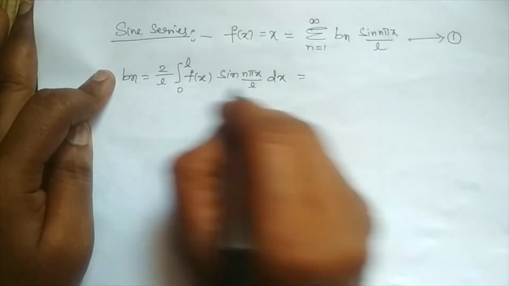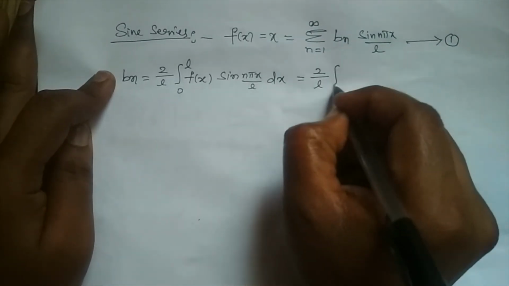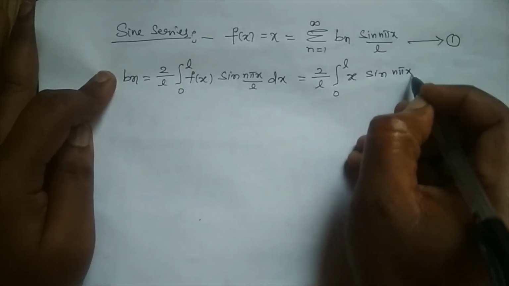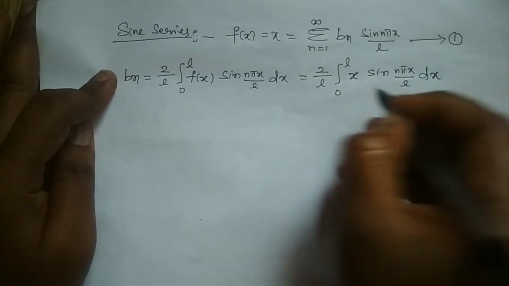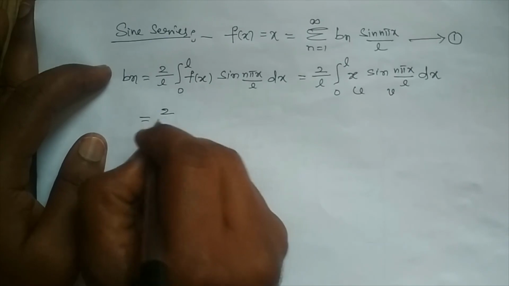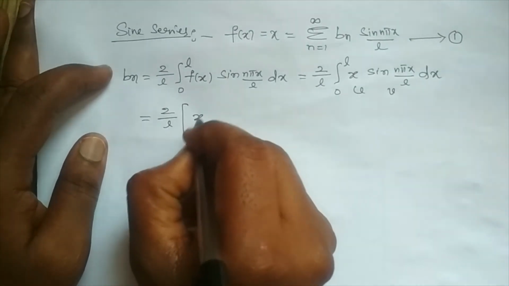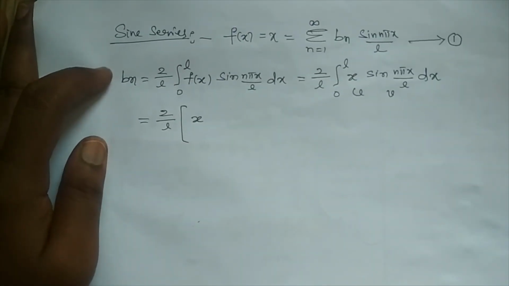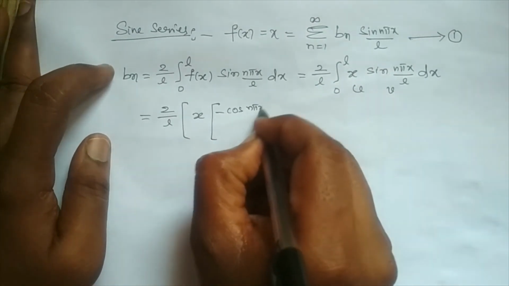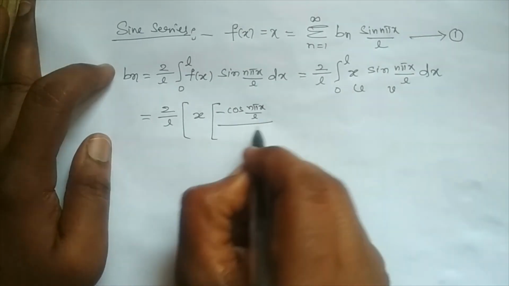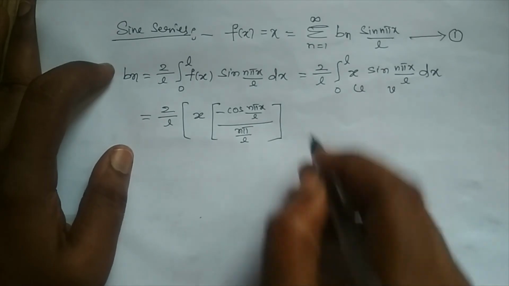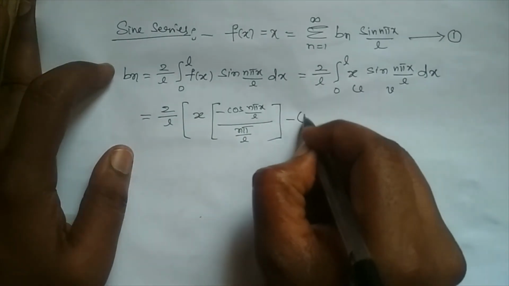Let us substitute the f of x value as x: integral 0 to L x into sin n pi x by L dx. Again apply the uv formula, this is uv, Bernoulli rule. So this is equal to 2 by L into x into u v1. v1 means integration of sin n pi x by L, which is minus cos n pi x by L divided by n pi by L, and minus derivative of x is 1.